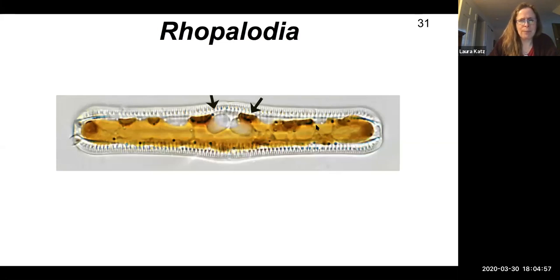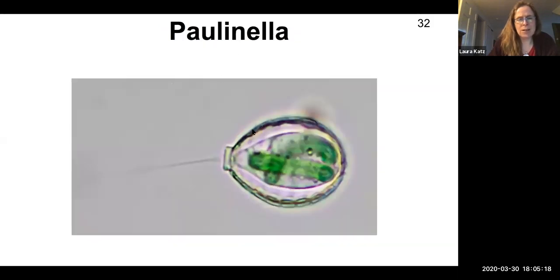Here's a diatom. Diatoms are photosynthetic. This diatom gave up its normal photosynthesis and acquired its own plastid independently from a cyanobacterium. So this is the cyanobacterium that now lives inside this diatom. Clearly another independent acquisition of a cyanobacterium. And the other one that we talked about in class is Paulinella.